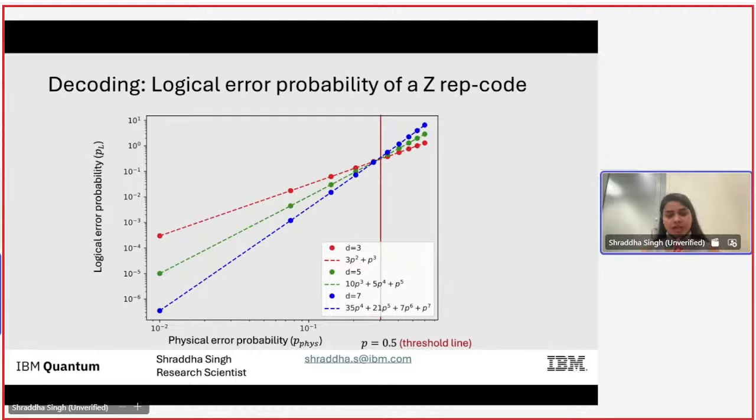So for example, when I have a single qubit, the number of ways in which a single qubit error can happen is just 1. So the probability of a single qubit error occurring is P. But when you represent a logical bit with 3 bits, then the number of ways a single qubit error can affect you is 3, because any of those 3 can flip with probability P. So there's a 3P probability that you will undergo a logical error.